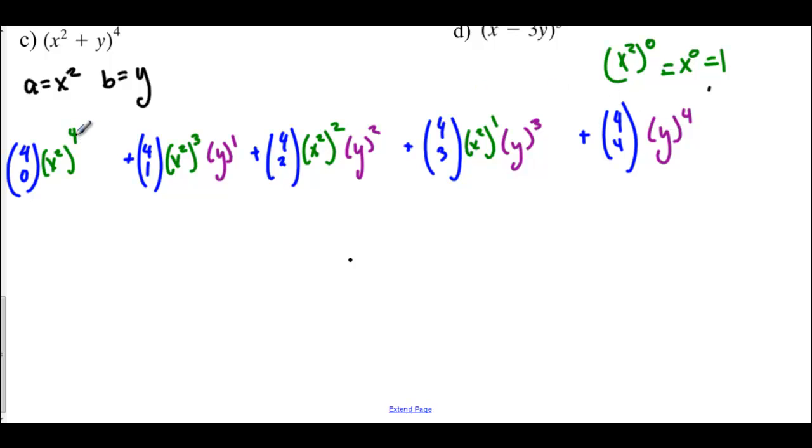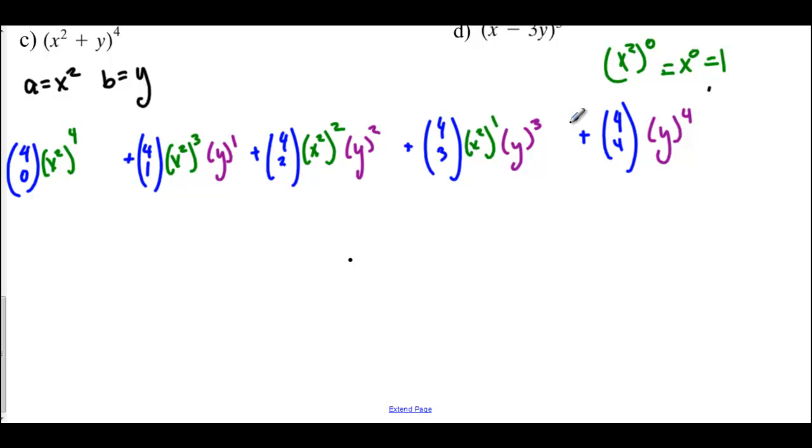To double check, we're going to make sure that our exponents, and whenever I'm saying the exponents, I mean this 1 and this 3, not the squared that was already with the a. We're just looking at the ones that we put in. So the 1 and the 3 give us the 4, 2 and 2 give us 4, 3 and 1 give us 4, 4 gives us 4. And also that our bottom number is matching the exponent of our b term, or of our second term, which it is for all of them.